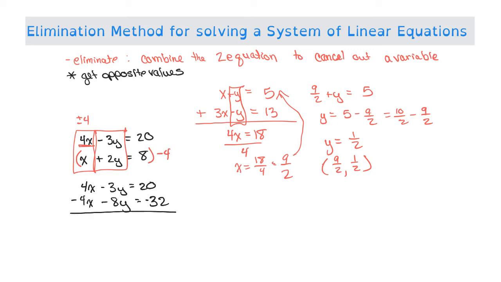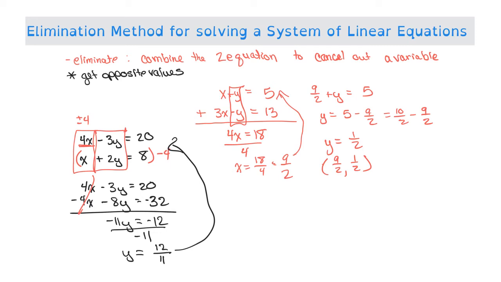And now I can combine the two equations and eliminate x, because that equals 0. And so then we combine the rest of it, and we get negative 11y is equal to negative 12. And then we can divide by negative 11, and we get y is equal to 12 elevenths. And then we can substitute that into one of the original equations to be able to solve for x. And then we find our point of intersection.